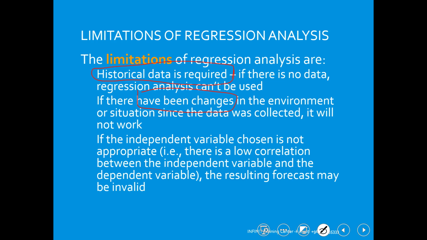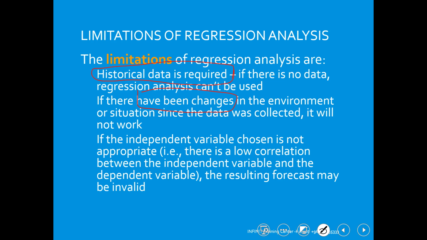But this year the situation changed. Maybe more competitors came into the market. Your share in the market is reduced. So you cannot expect the same sales in the coming year by spending the same amount of advertisement, because the environment has changed. So that is not considered in regression analysis.